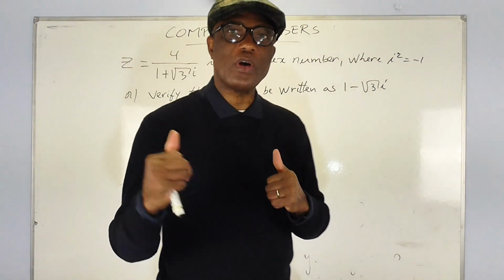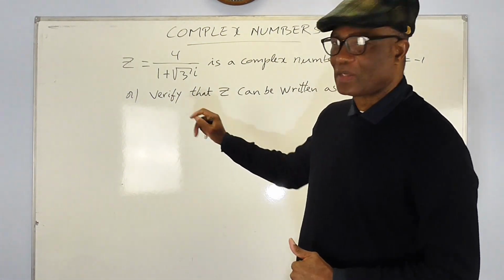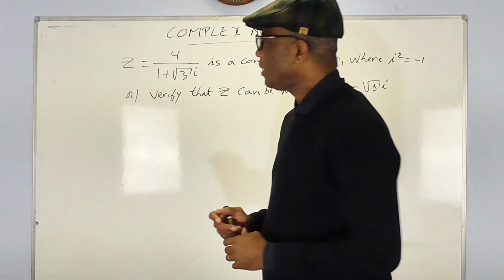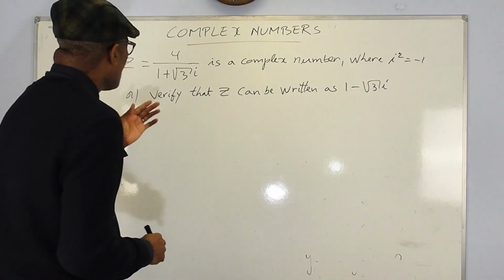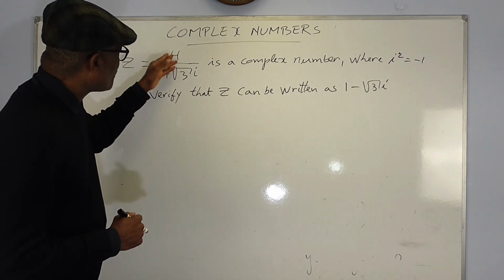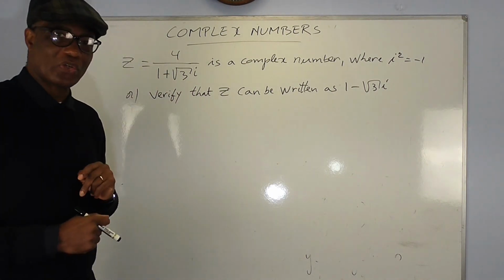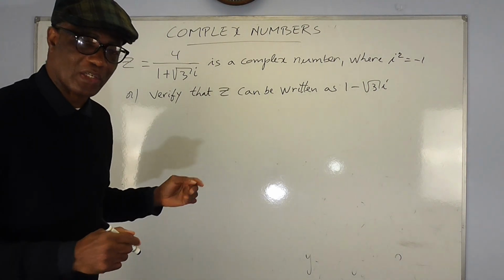Now, we have a complex number with a numerator and denominator. That means it's a fraction.